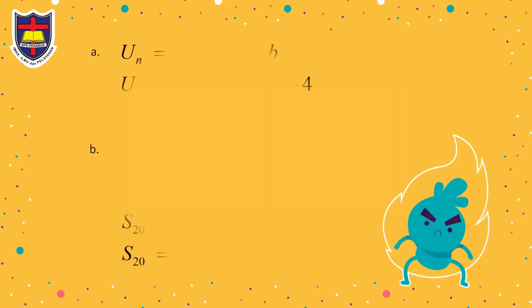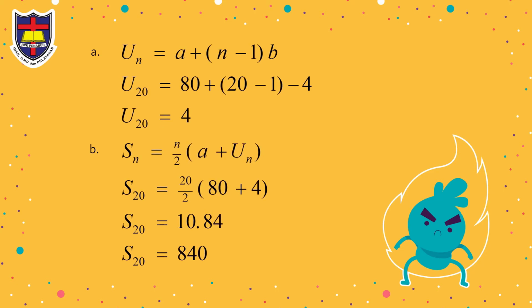So for A, we must find the amount of trees in the 20th row. So we must find Un. Un equals a plus n minus 1 times d. So 20th term equals a plus 20 minus 1 times negative 4.